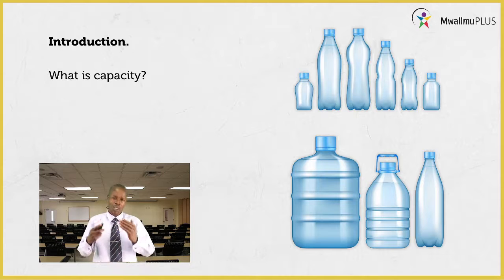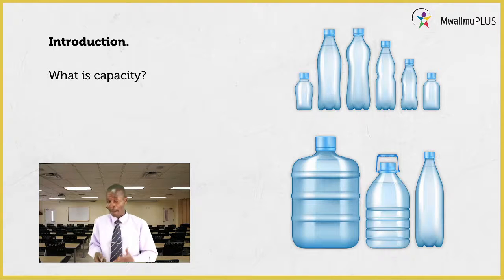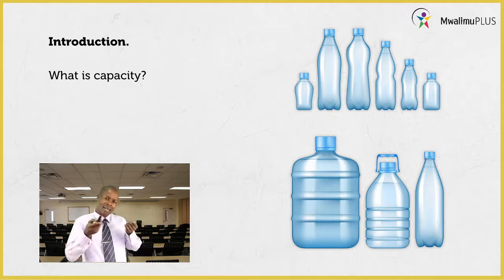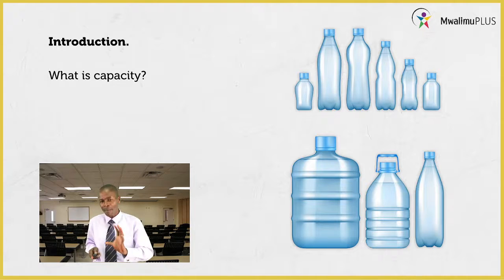Now, you move down a little bit, and you'll see some other bottles which are very familiar to the environment where you stay. These are a little bit bigger. They are still bottles, but bigger than the first set of containers. Now, how do we measure capacity?